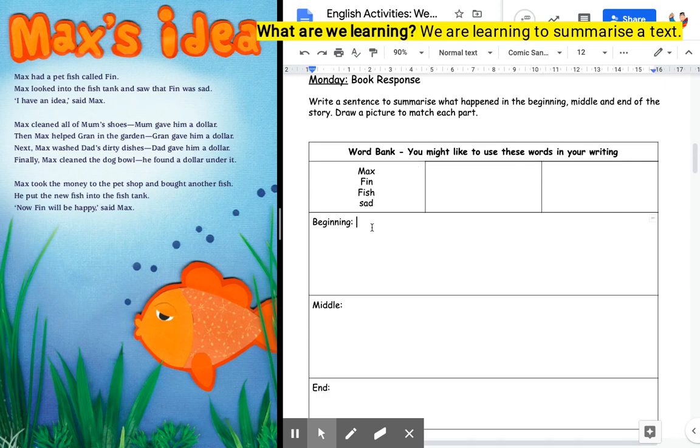So now let's go to the middle of the story, which is this section here. Rather than telling all of the things Max did, what he did do was chores. And he earned money from those chores that he did.